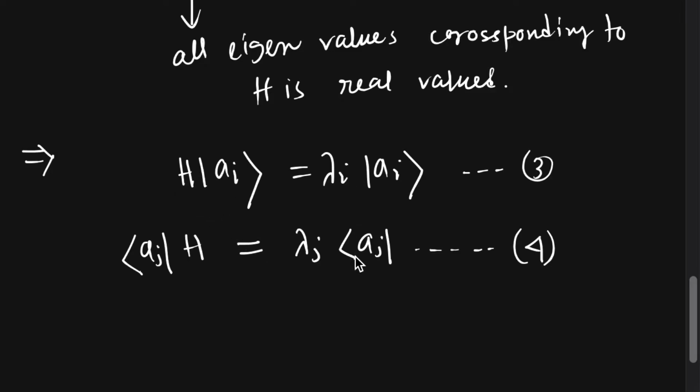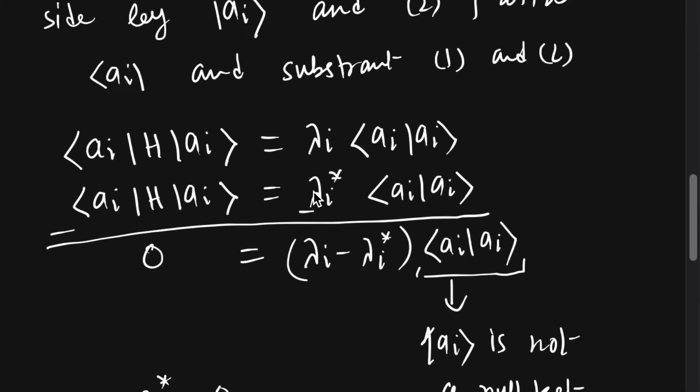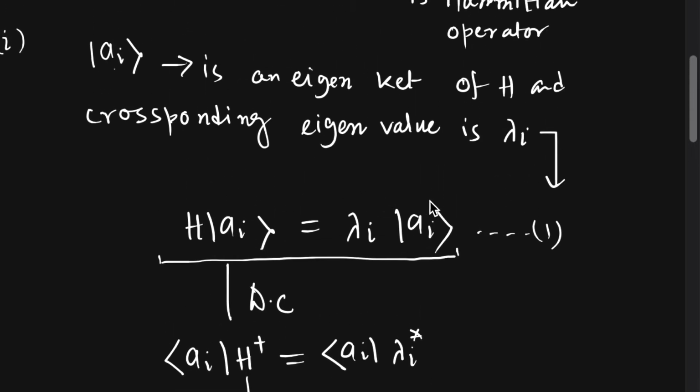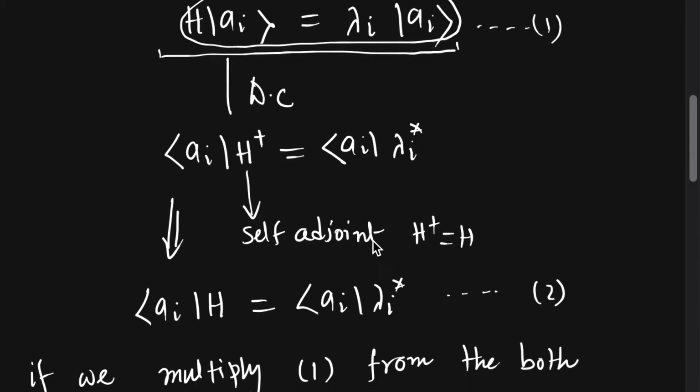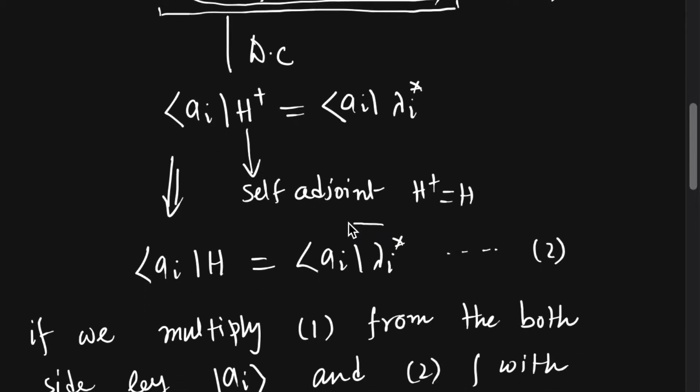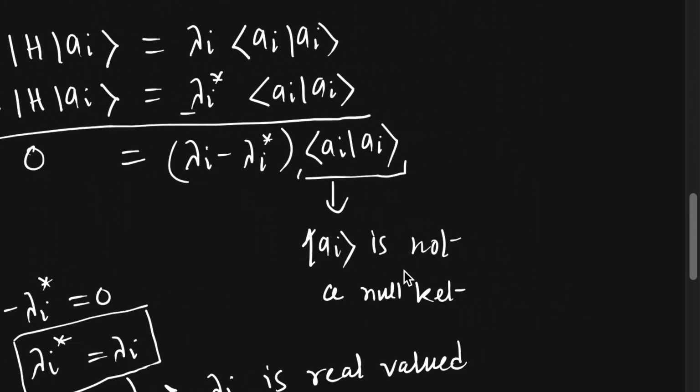We write these two equations as follows, from equation 1 and equation 2, with real eigenvalues lambda.